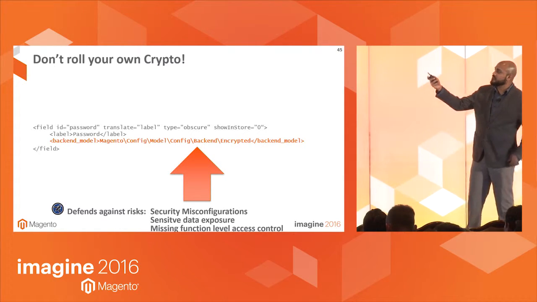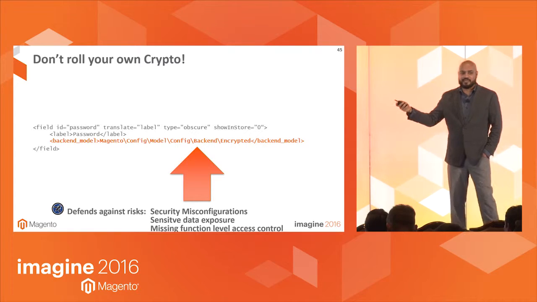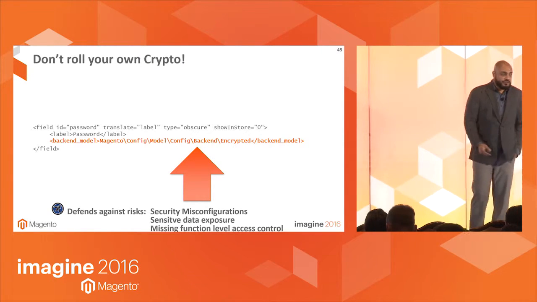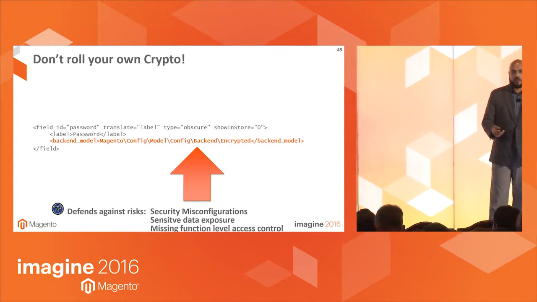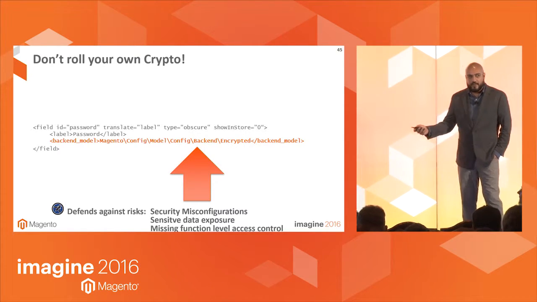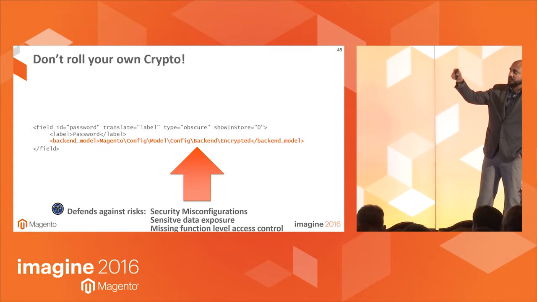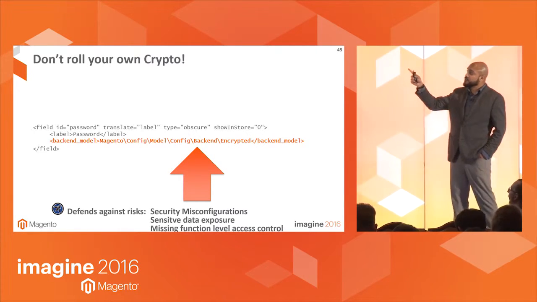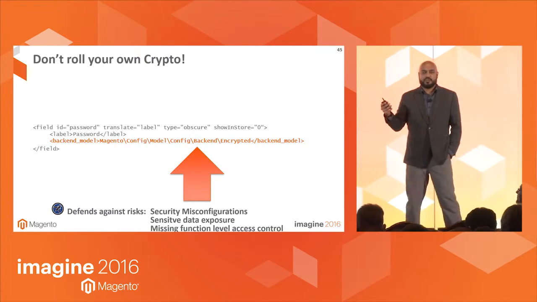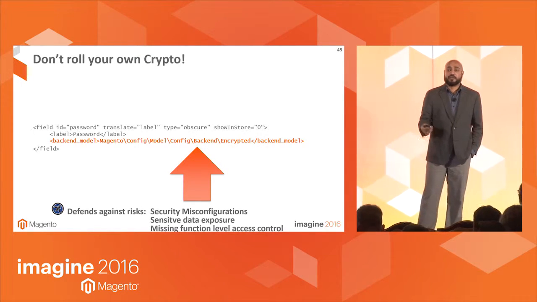Luckily, Magento has a model that will encrypt data to save in the database. So if you have a sensitive API key for your payment gateway, just use this, in the system XML setup. Just use this model, and it will save your sensitive data in an encrypted form in the database.